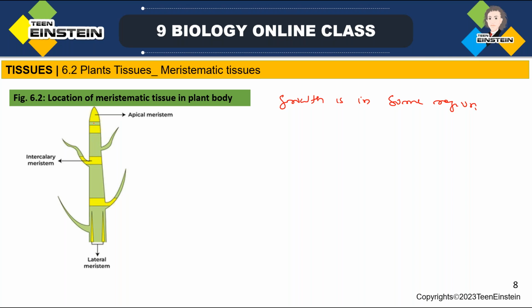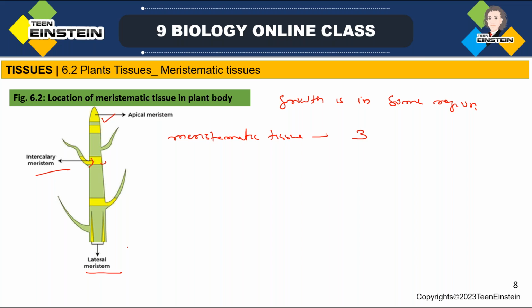And the meristematic tissue, based on the position where it is located, is divided into three types. Apical meristem, which is present at the tip, then intercalary meristem, which is present at the node, then lateral meristem, which is present laterally.